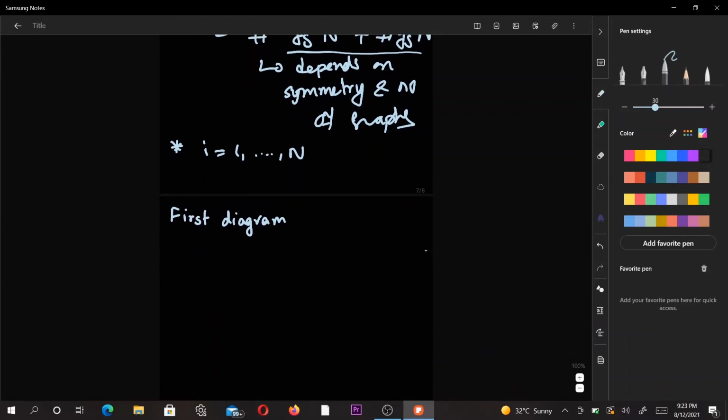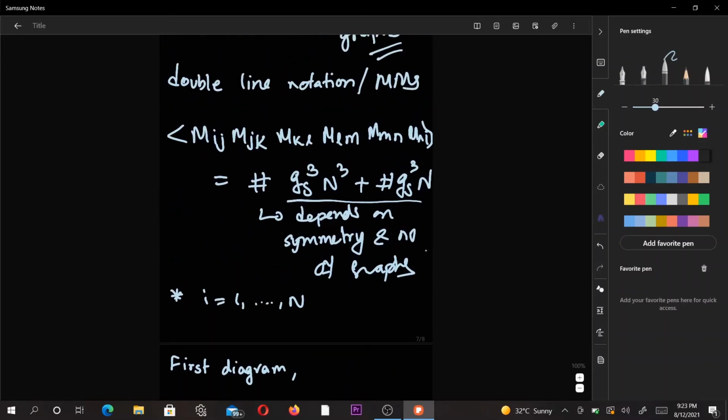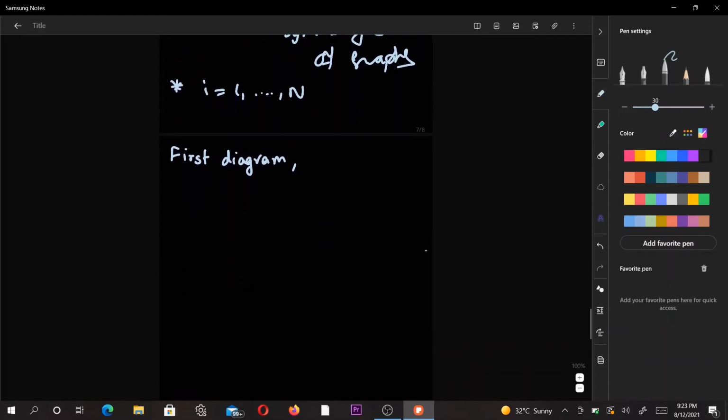So the first diagram would correspond to this. Let me draw it. This is my cubic vertex. You have two of them, and they join like this.